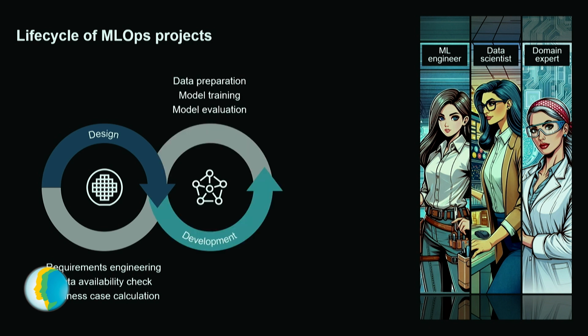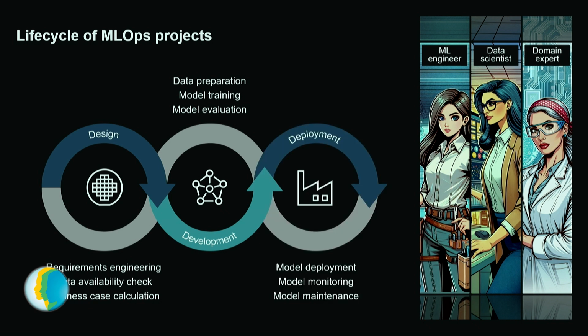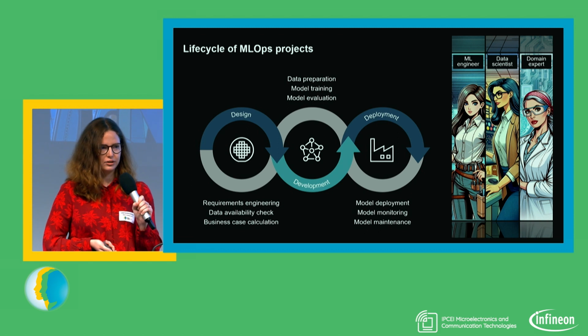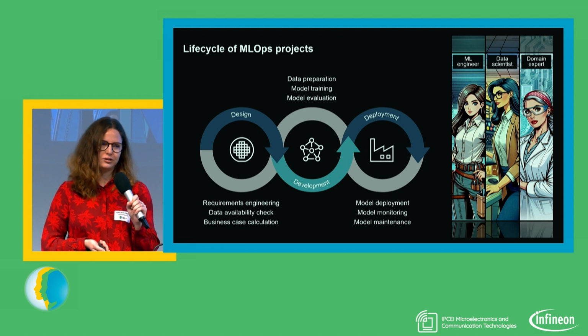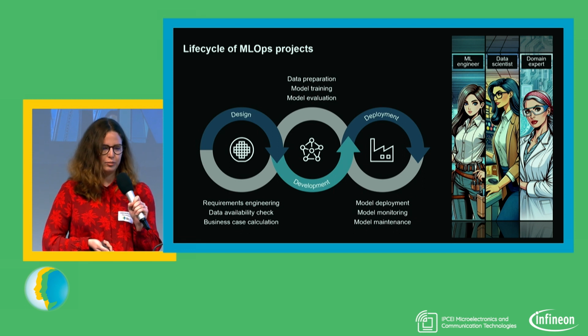Later on in the development, mainly the data scientists take over the leading role when it's all about data preparation, model training, and evaluation. And lastly, we have the deployment into the production system, but it doesn't end there. We also need to make sure that we have model monitoring in order to detect failure already at an early stage.